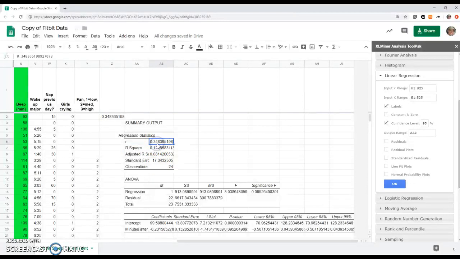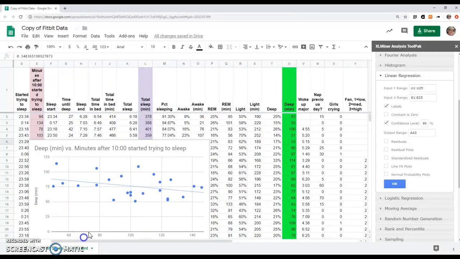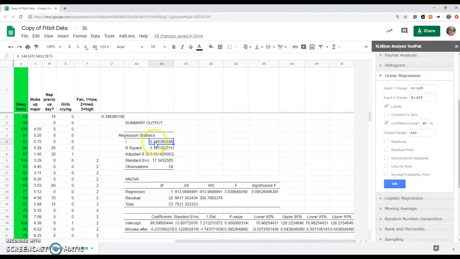It never has the sign on it. It's always shown as a positive number. To get the sign, you really need to look at this trend line, which direction the trend line is going. And in this case, it was a negative trend line. So that's why I would say that my r is negative 0.348, not positive 0.348.